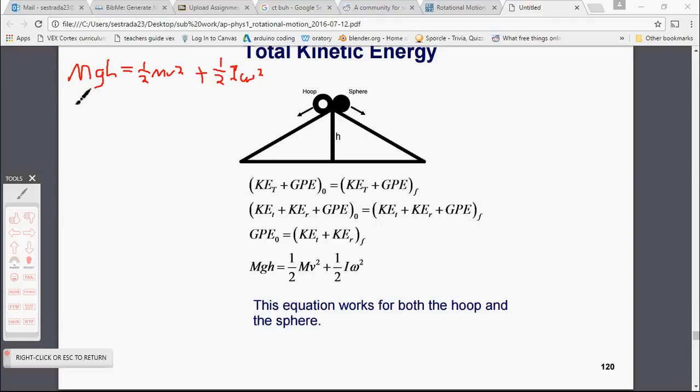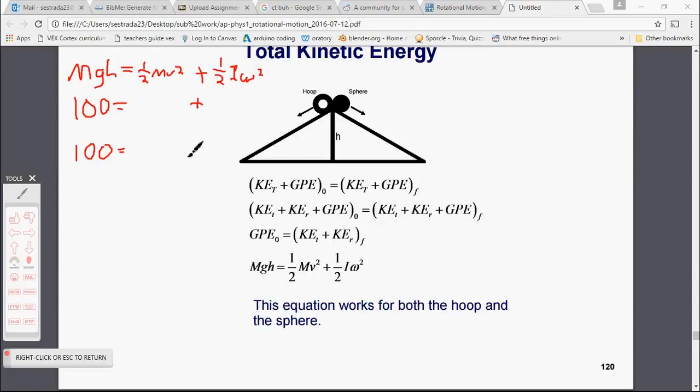So let's say that both of them have the same amount of potential energy, because they have the same mass, same gravity, same height. The top one will be the hoop, the bottom one will be the sphere. So at this point we have the potential energy.